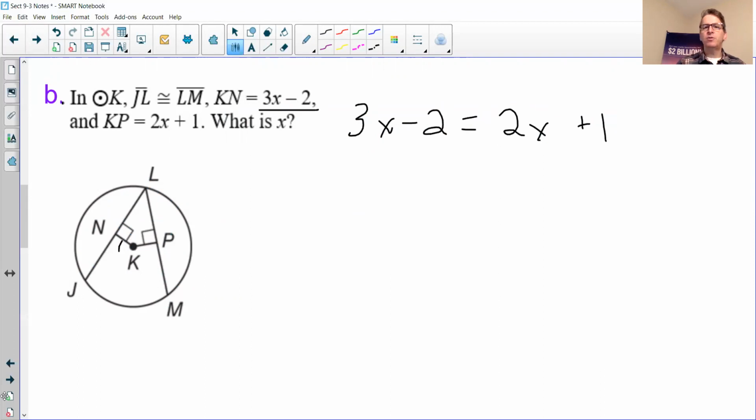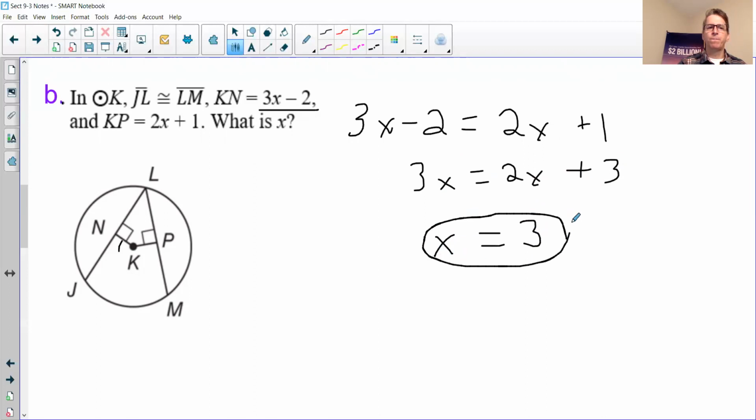All right, let's do this algebra. Add 2 to both sides, you end up with 3x is equal to 2x plus 3. Subtract 2x from both sides, and you would then end up with x is equal to 3. So keep a lookout for that type of questioning as we go forward here.